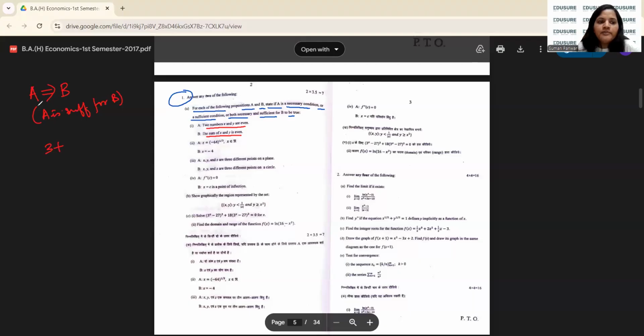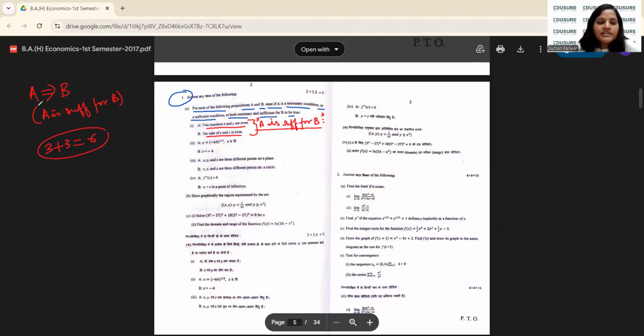Okay. So 3 plus 3 is equal to 6. So the statement A is not necessary for B to occur. So A is sufficient for B to happen. This is the only thing that can be guaranteed. A is not necessary for B to happen.